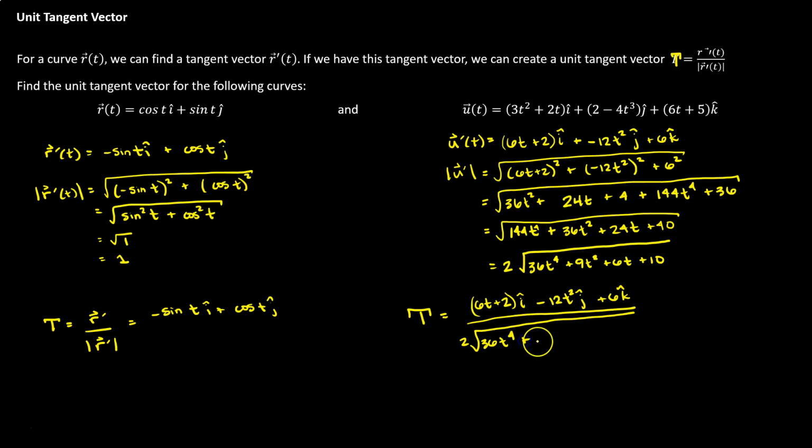Now this unit vector, capital T, that we're finding, is actually a vector function itself, and it will generate a unit vector that is tangent to the curve u at any parameter value for t.